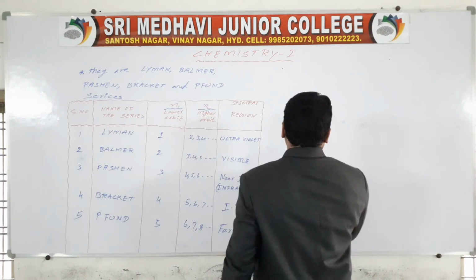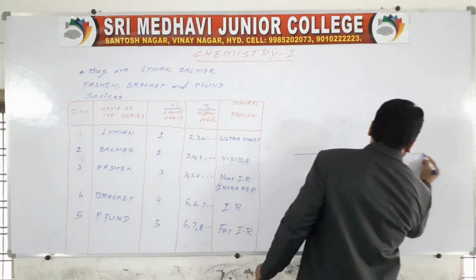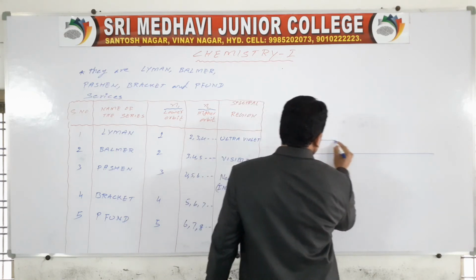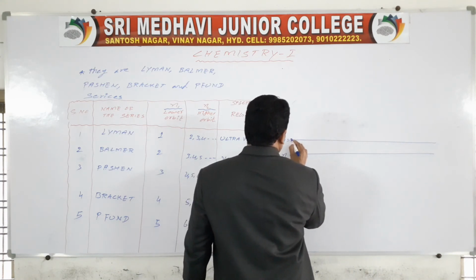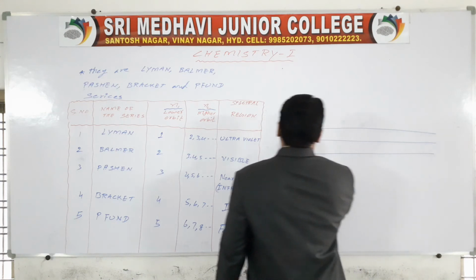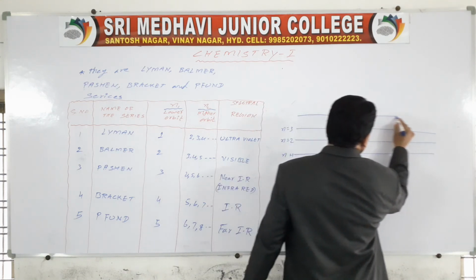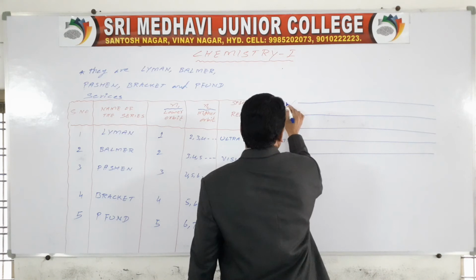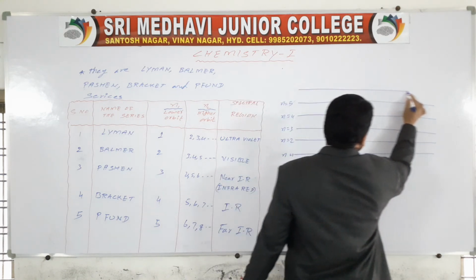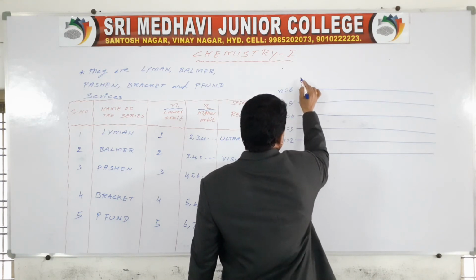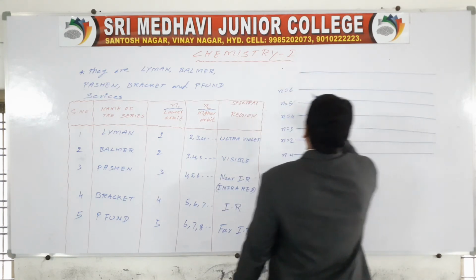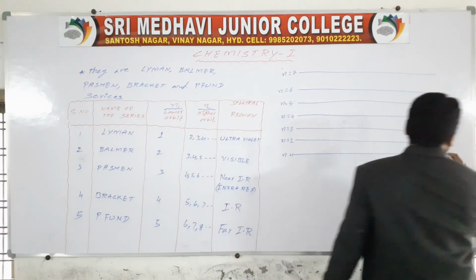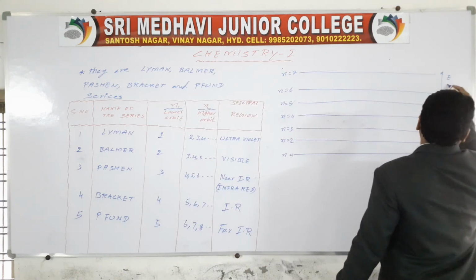See here, N equal to 1, N equal to 2, N equal to 3 means third orbit, N equal to 4 means fourth orbit, N equal to 5 means fifth orbit, N equal to 6 and N equal to 7 means seventh orbit. So here energy increases.